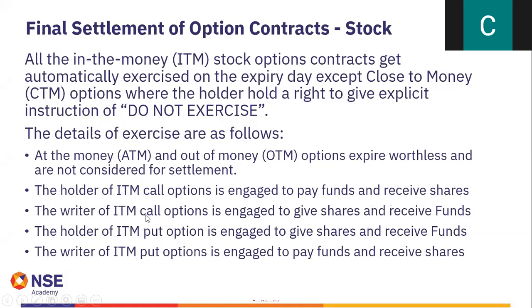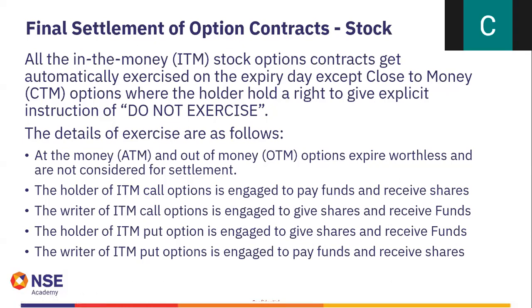The seller of ITM call option will be giving shares and receiving funds. Again, vice versa, the buyer of put option, which is in the money, will be engaged to give shares and receive funds, because give share because right to sell. Put option, right to sell. Call option, right to buy. Right to buy shares, right to sell shares. He will sell shares and receive funds, and vice versa for put option.